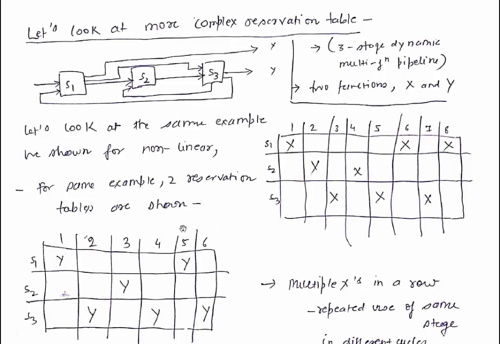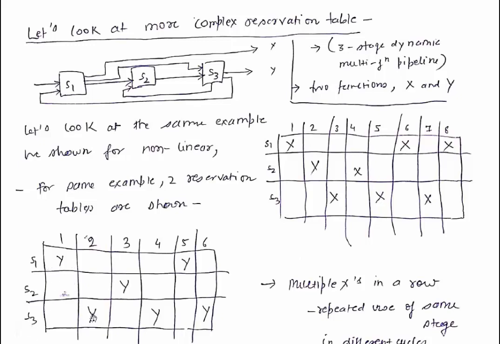Here I have taken the sequence S1, then from S1 it is going to S3. After that, from S3 it is going to S2. From S2 it is going to S3. From S3 it is going again to S1. From S1 it is again going to S3. So this is one possible sequence. What is the sequence?